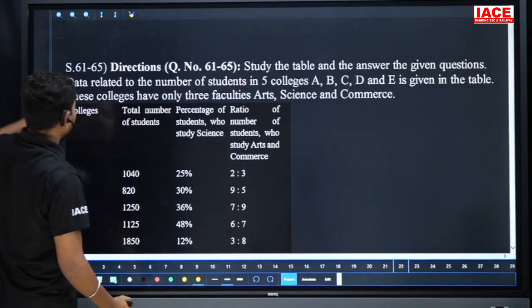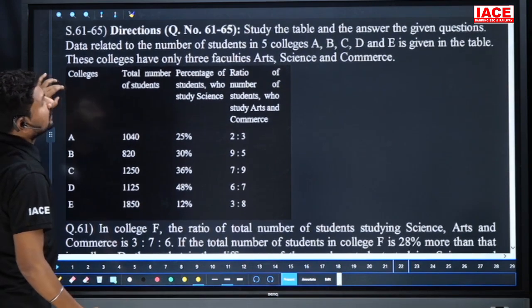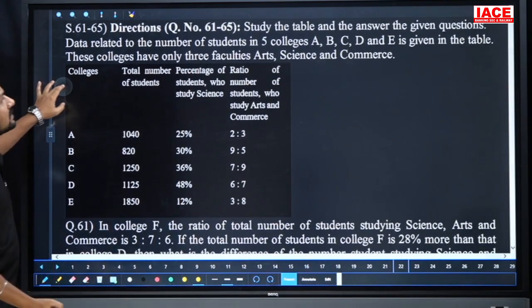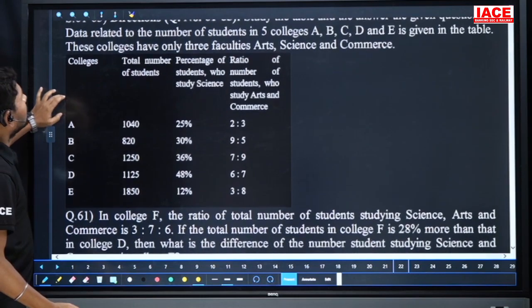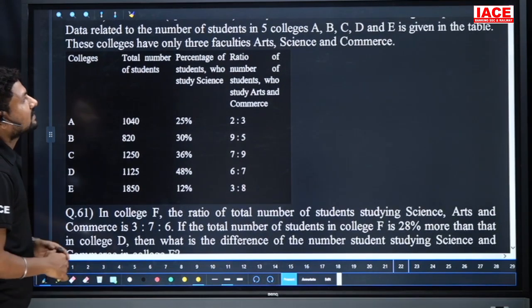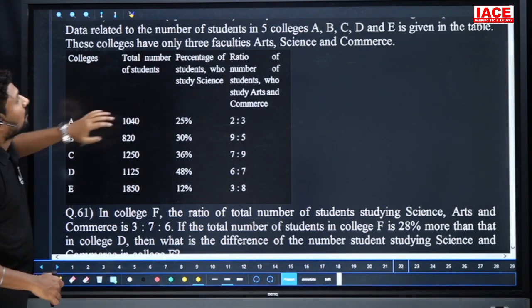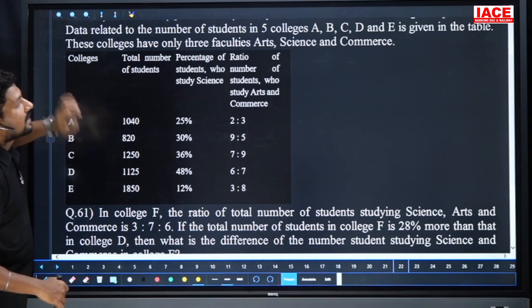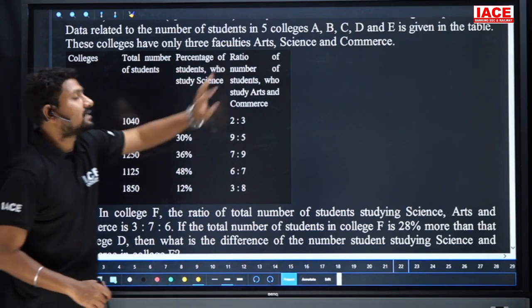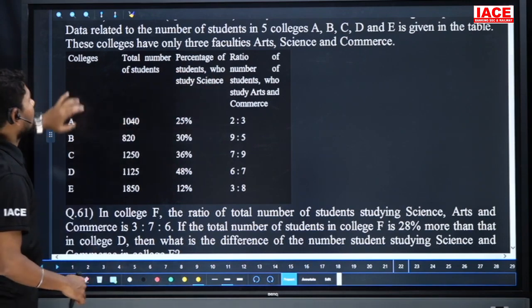Next we have data interpretation. Study the table values given; based on that we have to calculate. Data relating to the number of students in 5 colleges A, B, C, D, E is given in the table. These colleges have only 3 faculties, the streams arts, science and commerce.